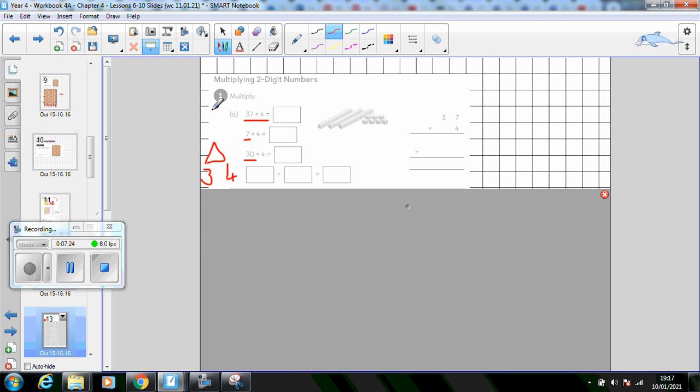What's 3 times 4? That's right, it's 12. And if we multiply one of these by 10, we must multiply our total by 10 also. So 30 times 4 is 120. Pause the video now while you work through your worksheet, and then you can come back for the answers.